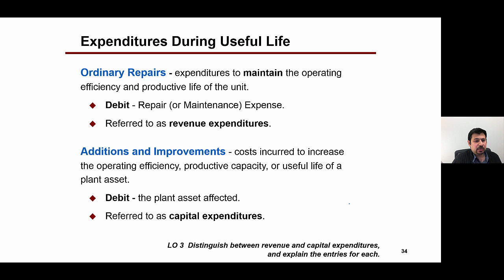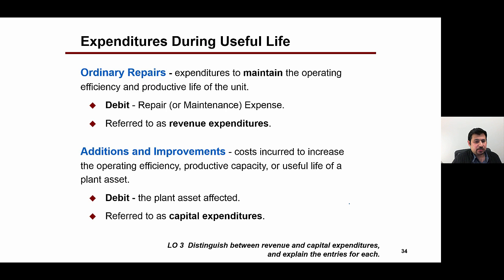For example, think about a truck and a routine oil change or tuning up of the engine or changing tires, etc. Now, there's another kind of expenditure that might happen, which is additions and improvements. This cost will be capitalized, and this is usually used in order to increase the productivity or the operating efficiency of the asset.